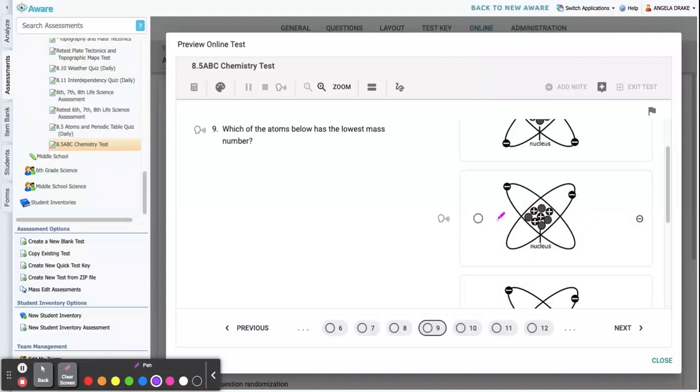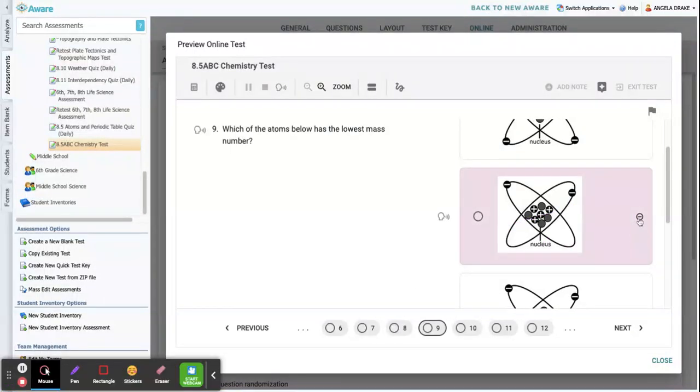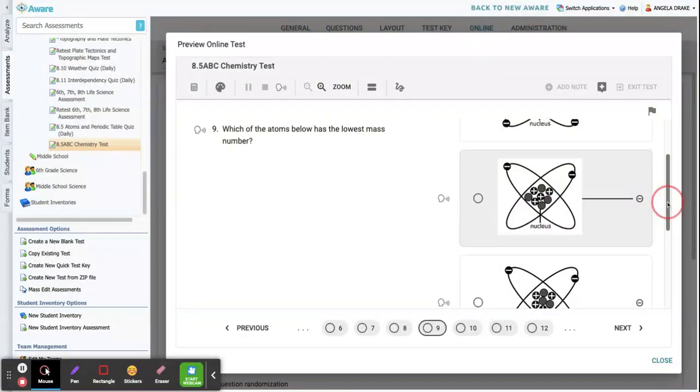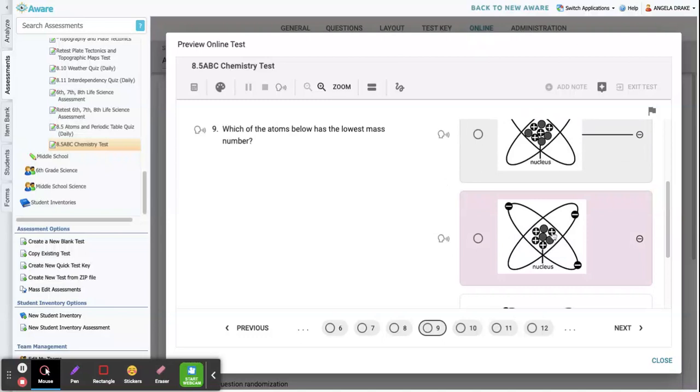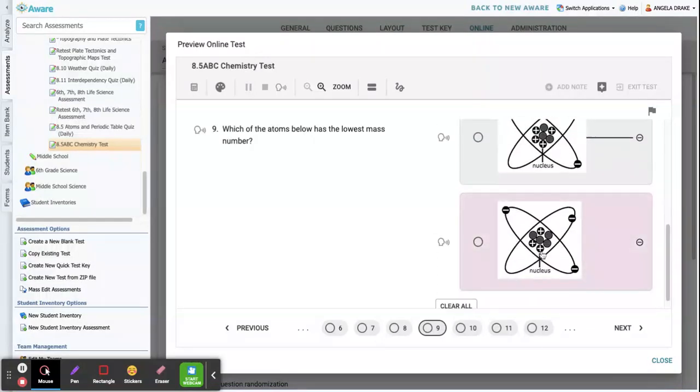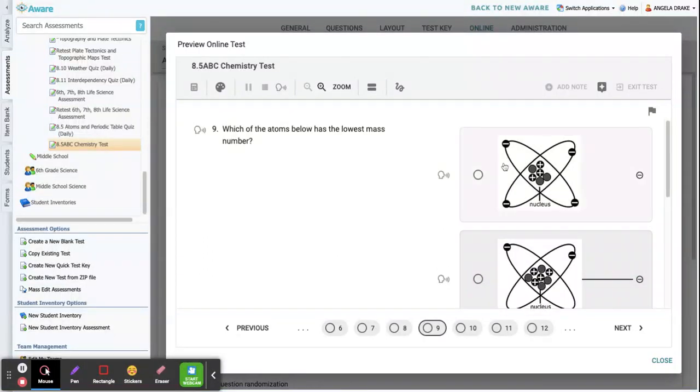So it's not that one. 1, 2, 3, 4, 5, 6, 7. Not that one. Not that one. So the lowest atomic mass is the one with the least amount in the center. So it should have been this one.